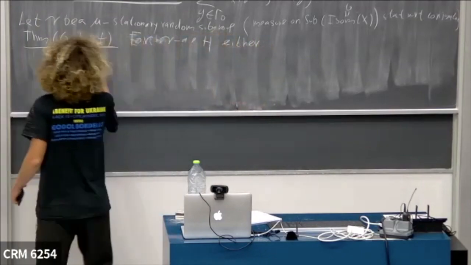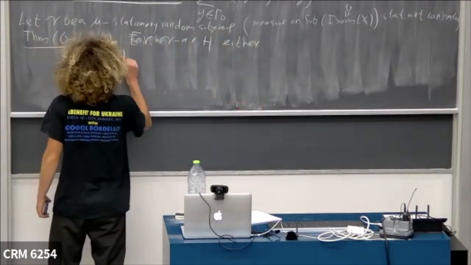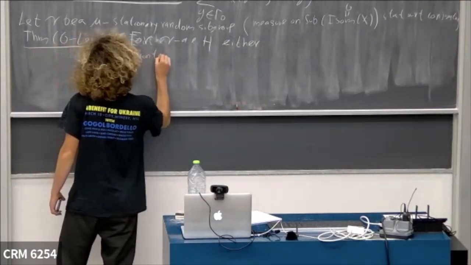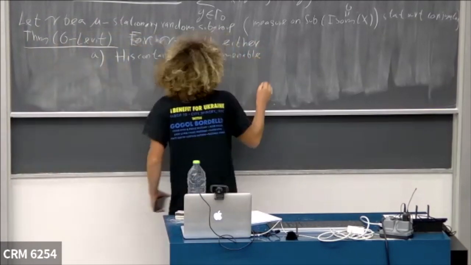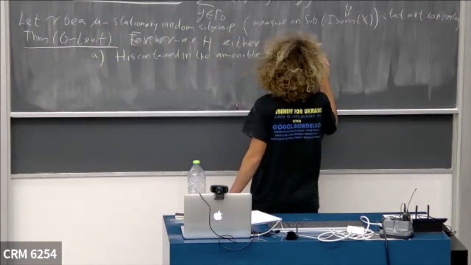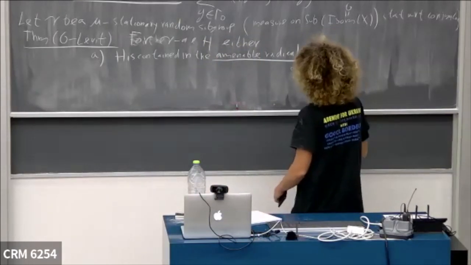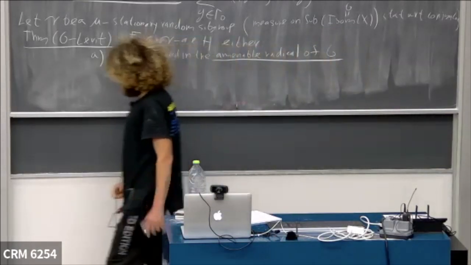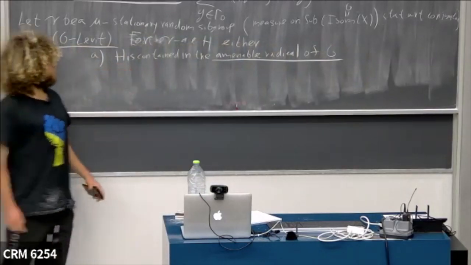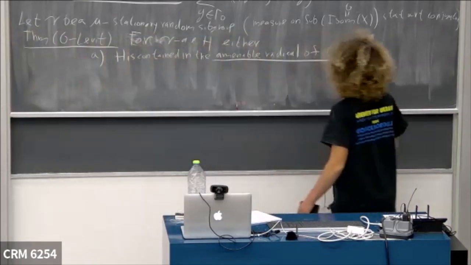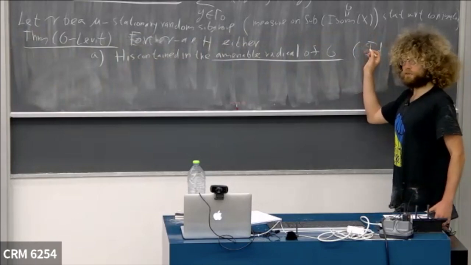So the first case is something really boring. H is contained in the amenable radical of G. The amenable radical of G is the largest amenable normal subgroup of G. This is just equal to the identity for rank 1 simple Lie groups, because you know, they're called simple for a reason.